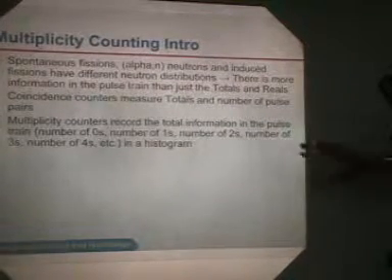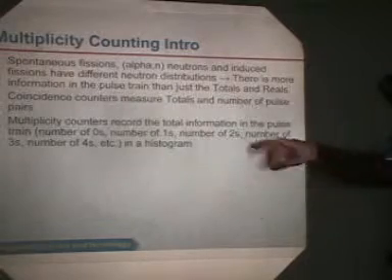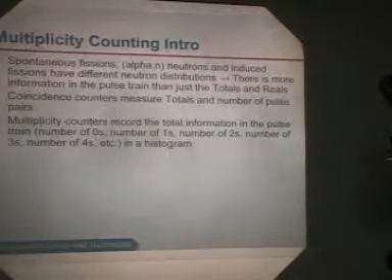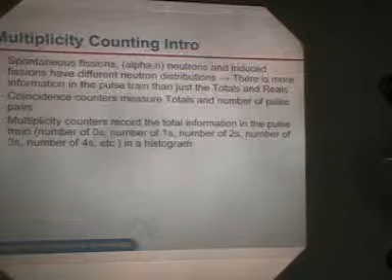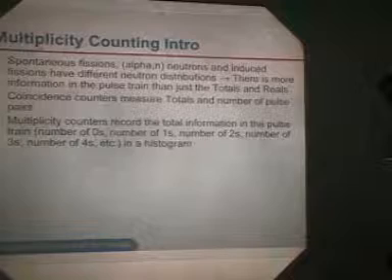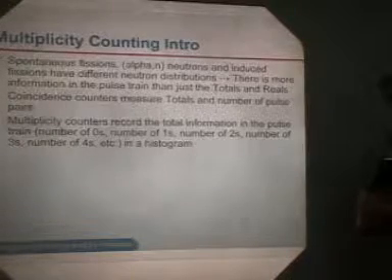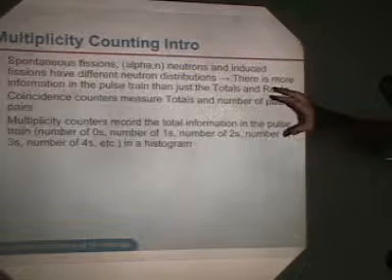What we're going to do in multiplicity counting is get the number of totals, which are singles, the number of pairs or coincidences or reals, which are doubles, and also the number of triples. The way we're going to have to do that is not going to be the simple mechanism that we talked about before. This becomes a lot more complicated because now we need the multiplicity distribution itself.